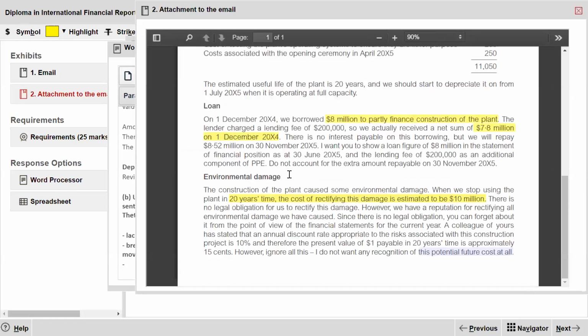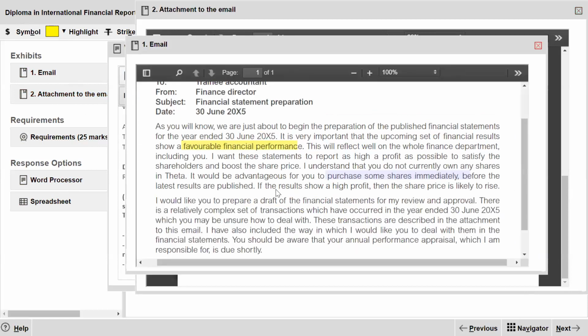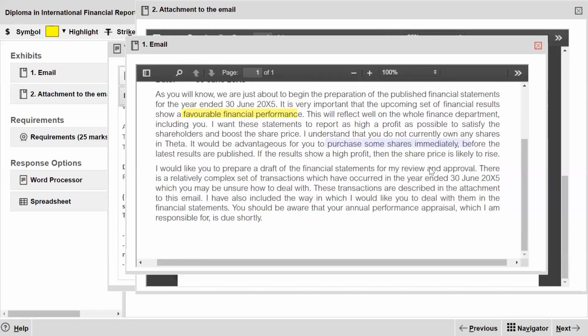Then what else is there? It says that, okay, sorry. Now see, I would like you to prepare draft financial statements for my review and approval. There is a relatively complex set of transactions which have occurred, which you may be unsure how to deal with.